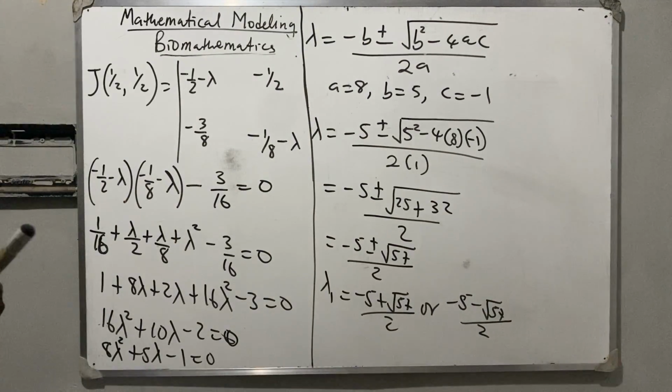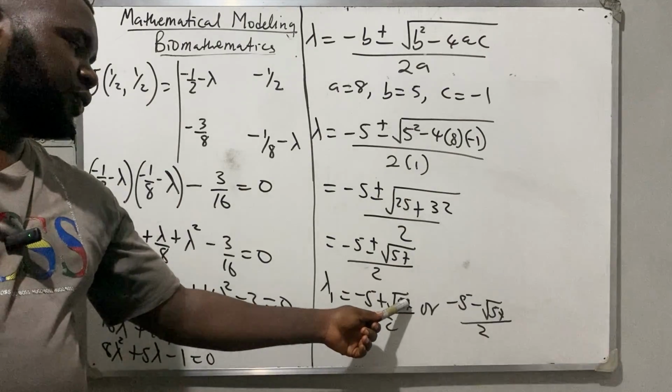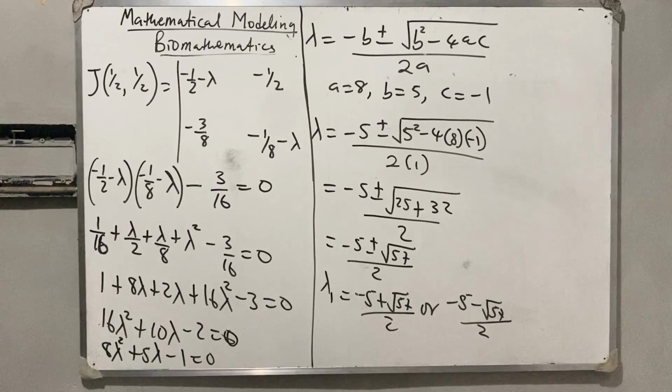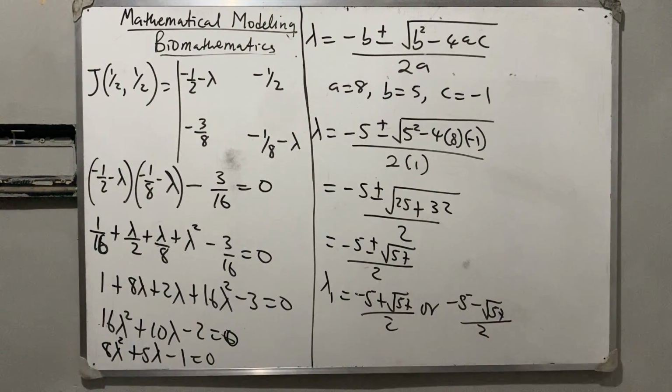So I think you will see that the square root of this is going to give us a number that is higher than this. So you see that the first one is positive, while the second one is negative. So if one of them is negative and the other positive, we say that it is a saddle point. That is if the signs are not the same.